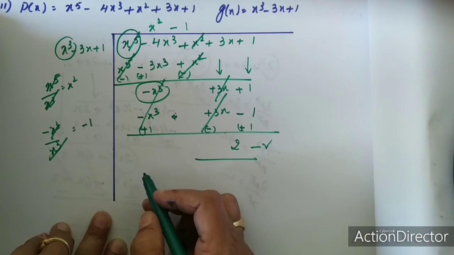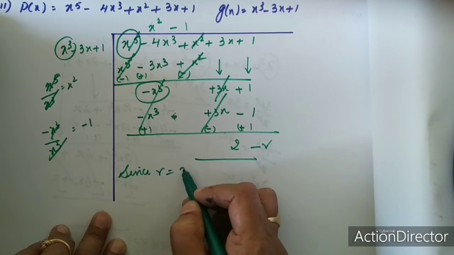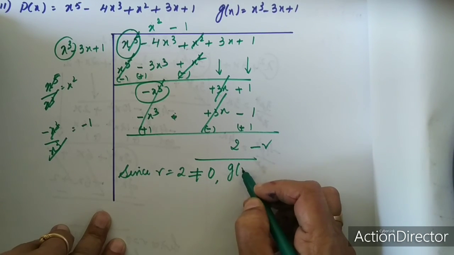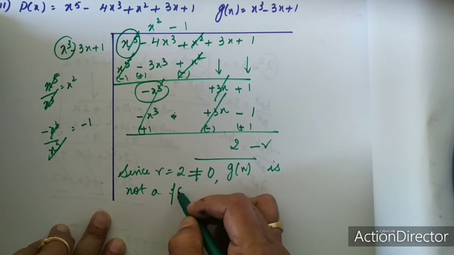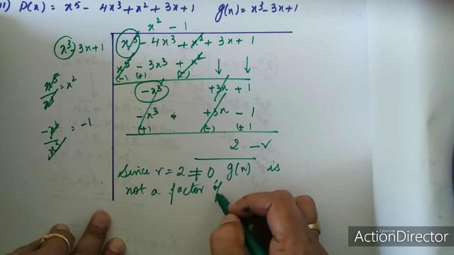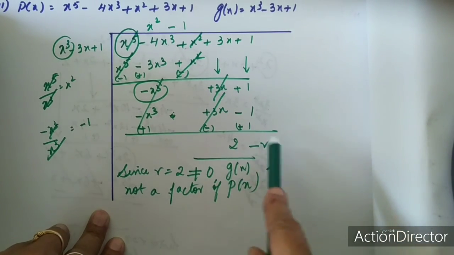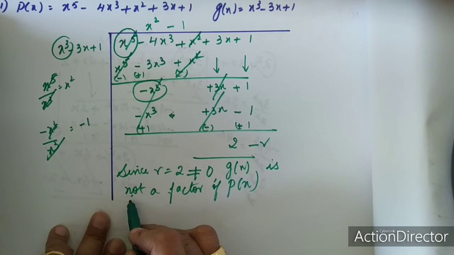So this is the remainder. Since remainder r is equal to 2, not equal to 0, you will say g of x is not a factor of p of x. So this you have to remember carefully. When the remainder is not 0, any other remainder you are getting means it will not be a factor.